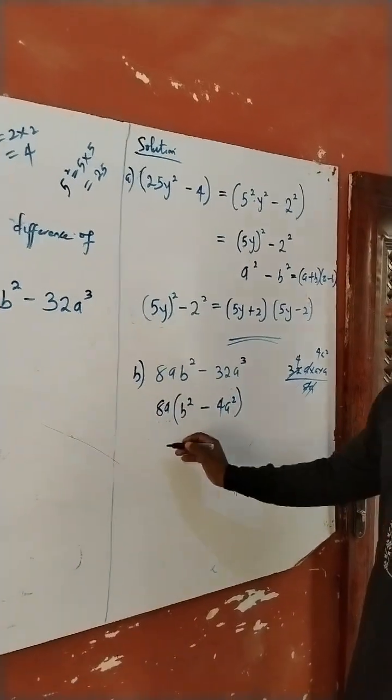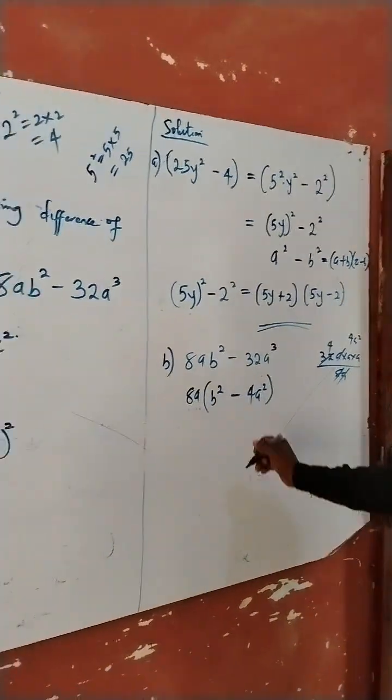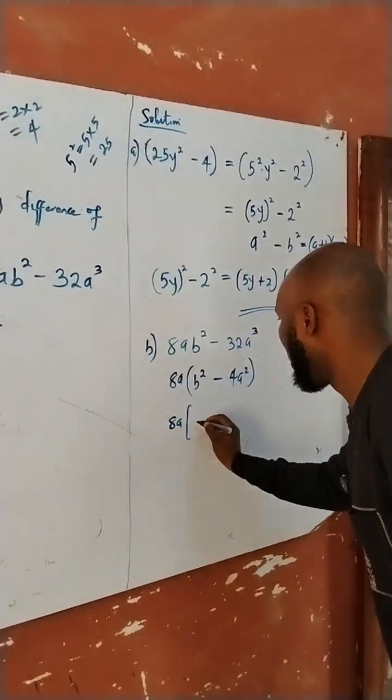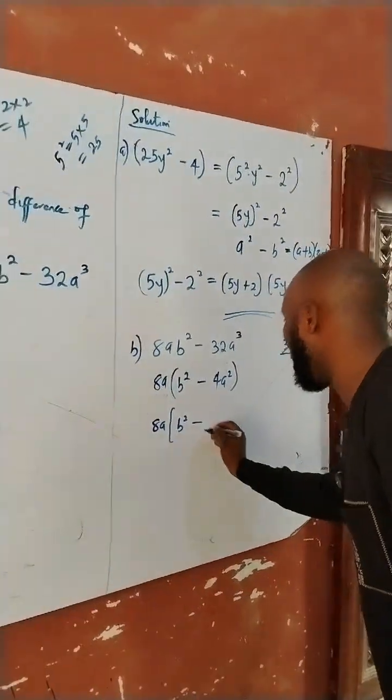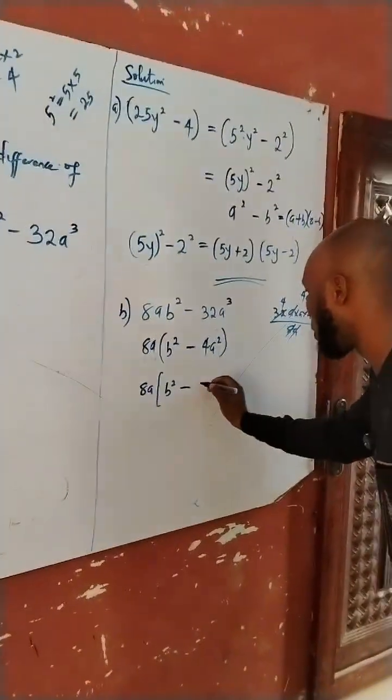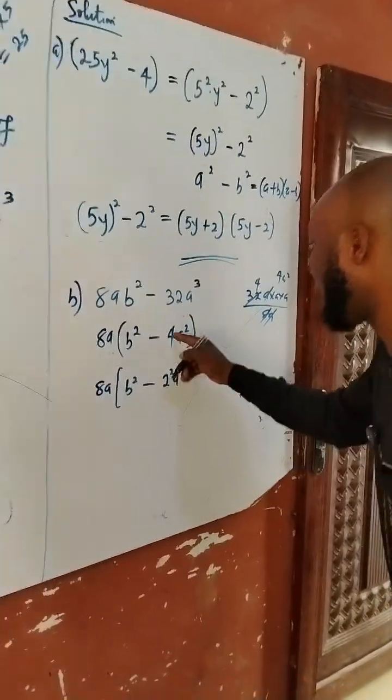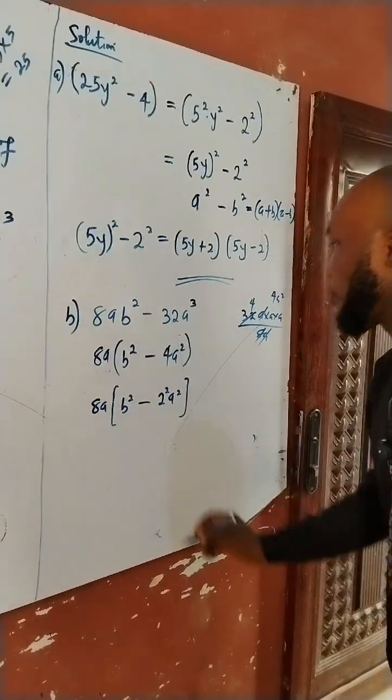So in this case, this becomes 8a, open big bracket, b square minus 4a square. 4 is written as 2 square, a square, because our 4 is written as 2 square.